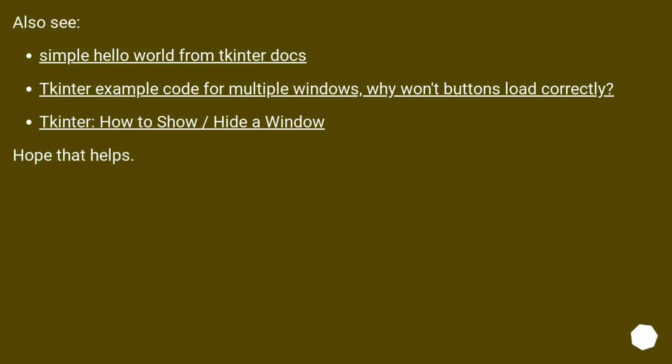Also see Simple Hello World from tkinter Docs, tkinter example code for multiple windows, why won't buttons load correctly?, and Tkinter, how to show, hide a window. Hope that helps.